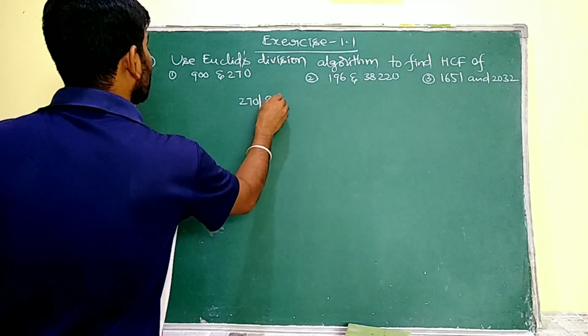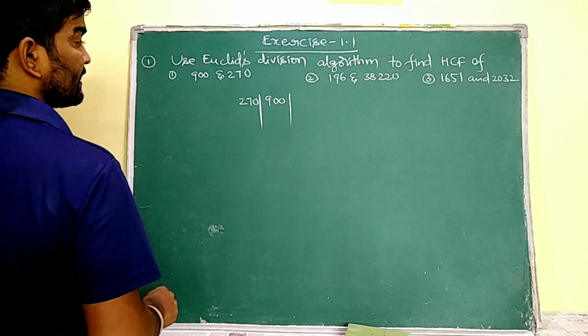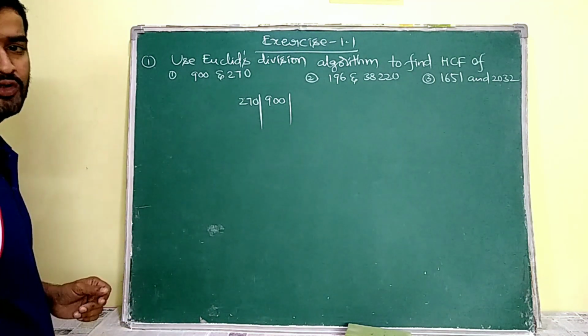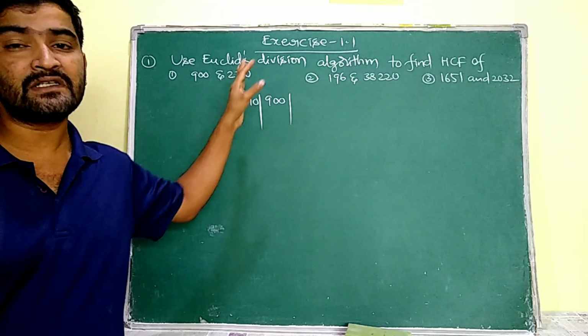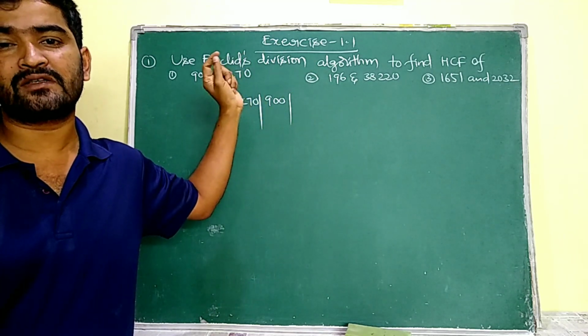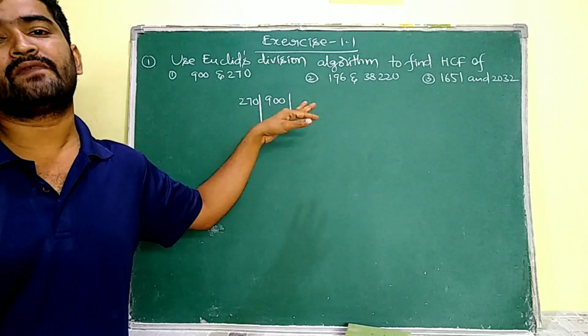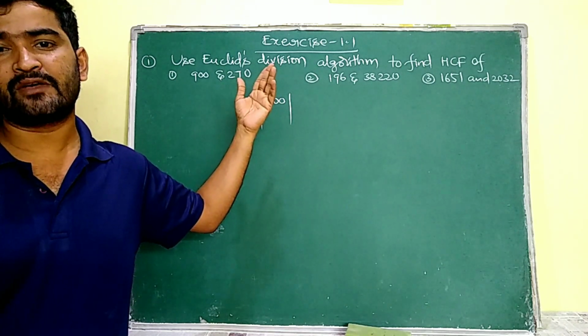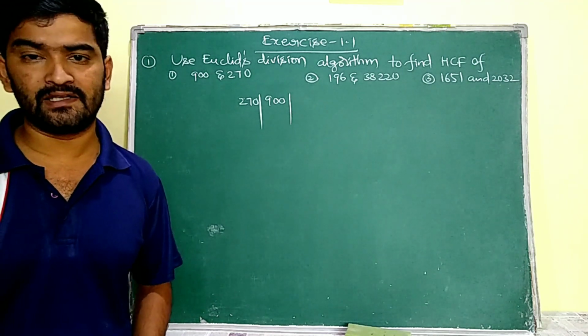With the 270 I am going to divide this 900. Understand? Like that we have to do. You have to check which is the smaller among the given numbers. With that smaller number you are going to find the HCF of the other number, by using the long division method. Then after we are going to apply the Euclid division algorithm.